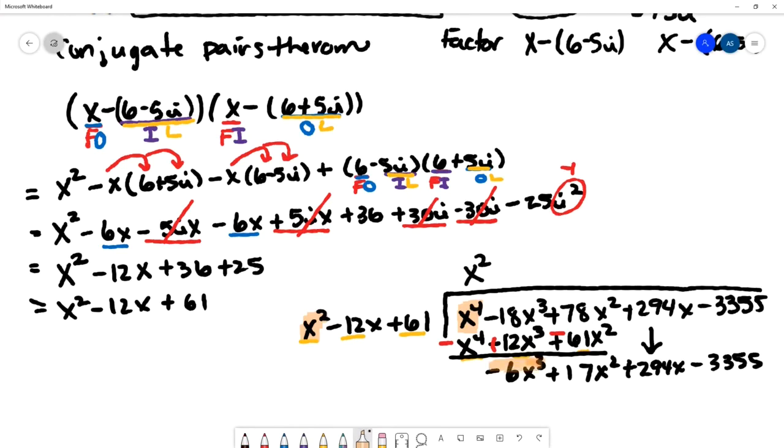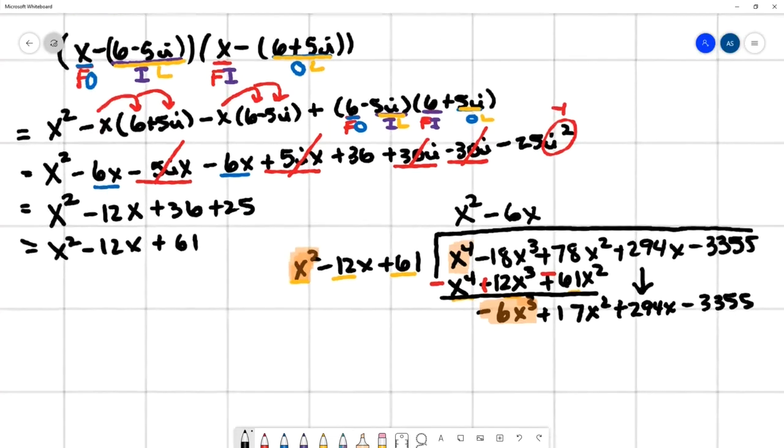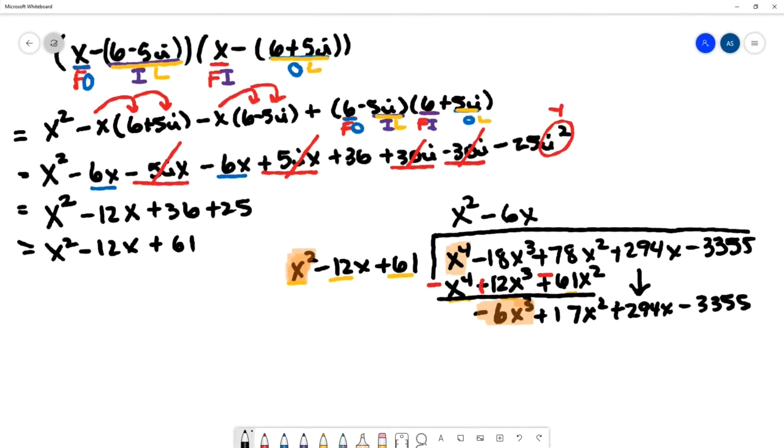So now I need to do the same thing with a negative 6x cubed. And I would multiply this x squared by a minus 6x. So negative 6x multiplied by x squared, that's a negative 6x cubed.